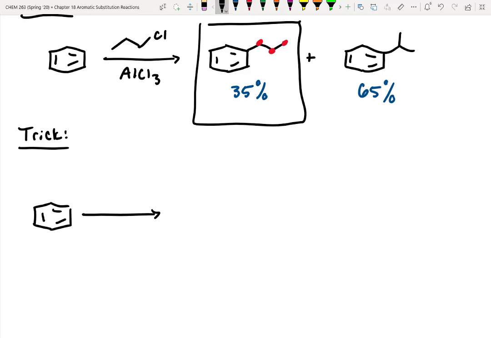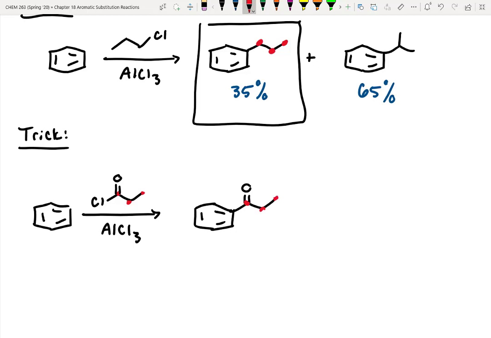So our reagent that we're installing must also have 3 carbons. So I'll do this, 1, 2, 3. But with the acylation reaction, we need that CO double bond there. So we're going to put that in. And then aluminum trichloride. And by doing that, we can make a ketone that again has 1, 2, 3 carbons like that.